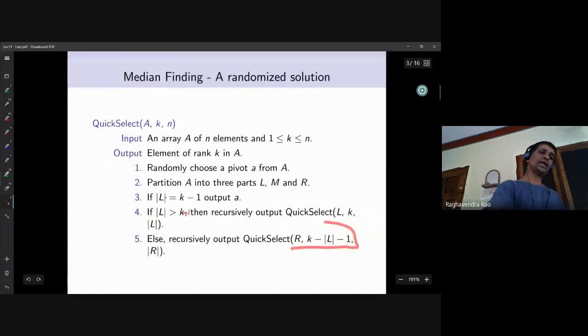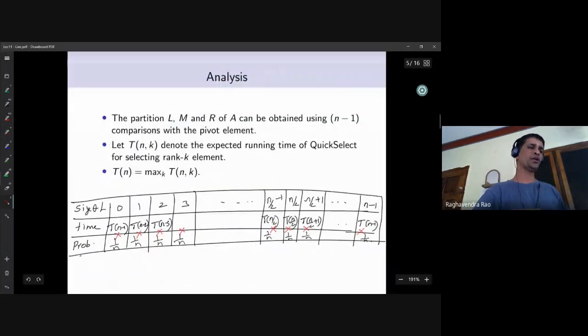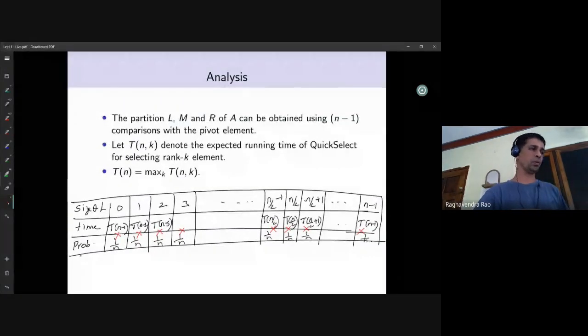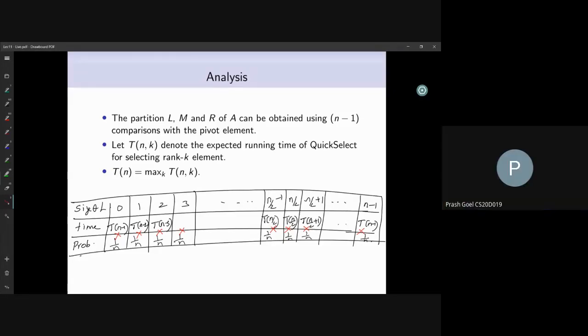So k can potentially change. That is why we are just taking the worst case for k. At any point of time, we are only considering the value of k such that the scenario is worst case, that is, you are recursing on the larger subarray.